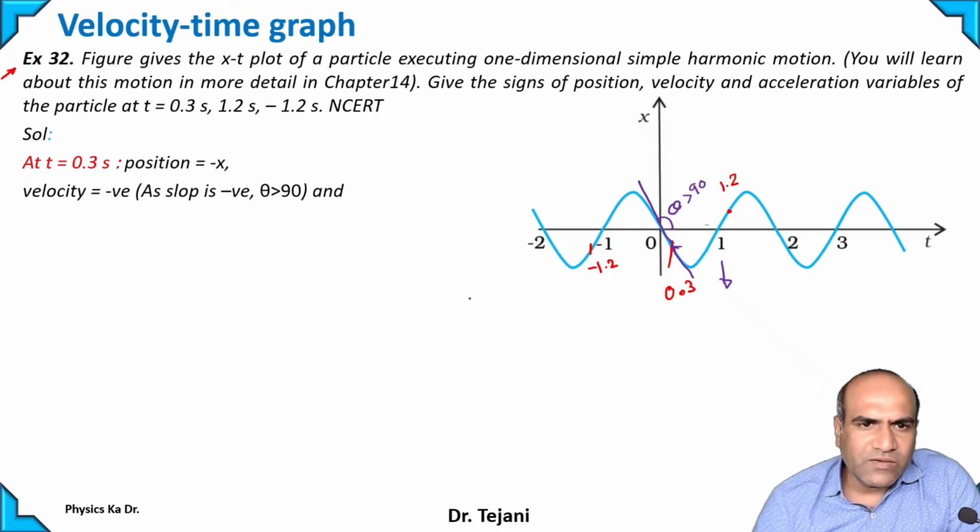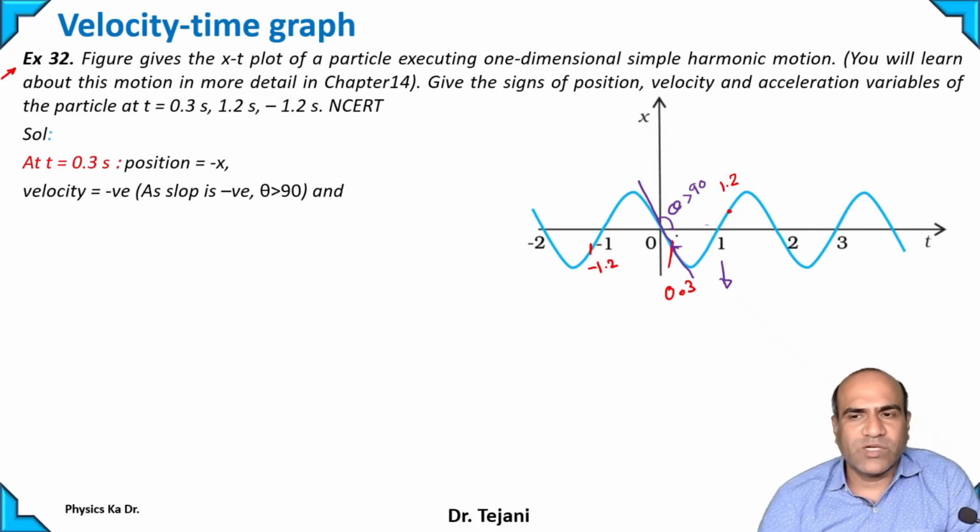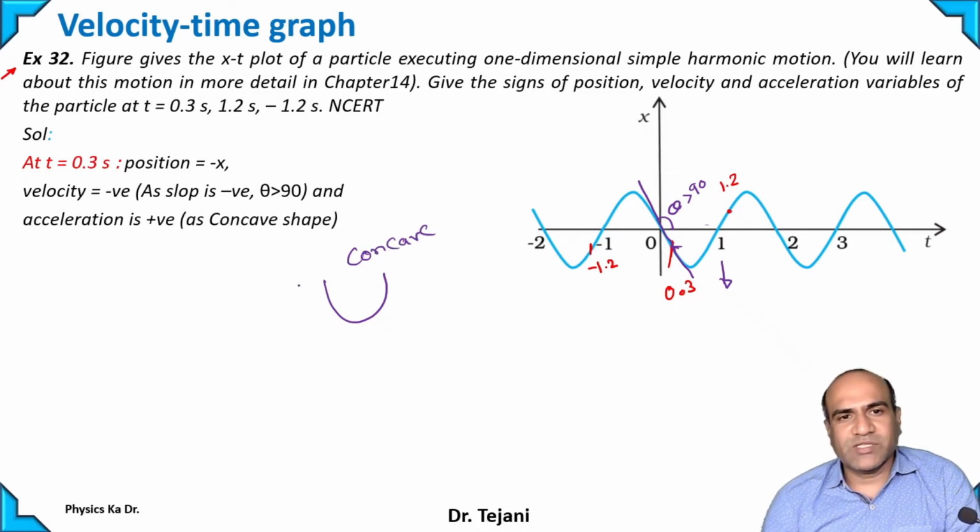Velocity is also negative because theta is greater than 90 degrees. The shape is concave, so acceleration is positive.